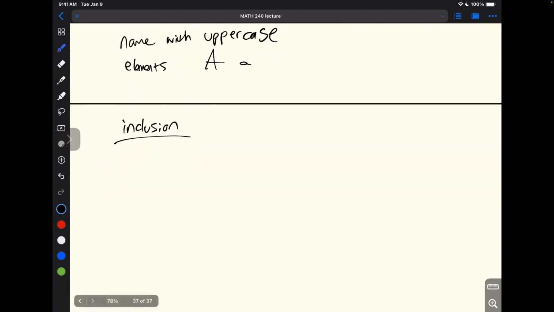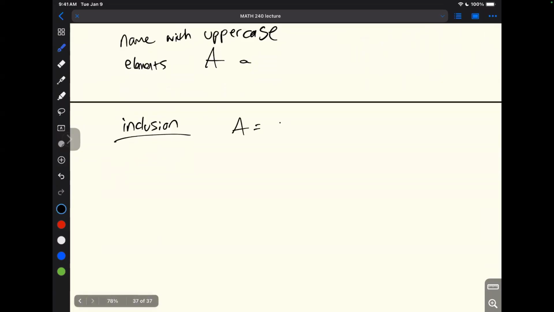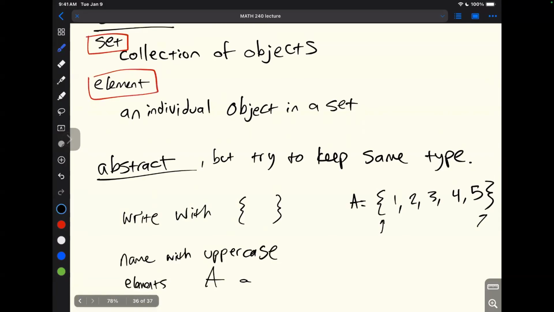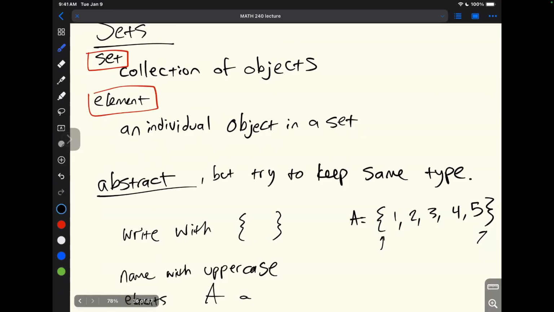So let's talk about inclusion. If A is, again, let's say 1, 2, 3, and 4 this time. That's my set. My set contains 1, 2, 3, and 4. I can say 1 is an element of A. Remember, element is just an individual object in that set.